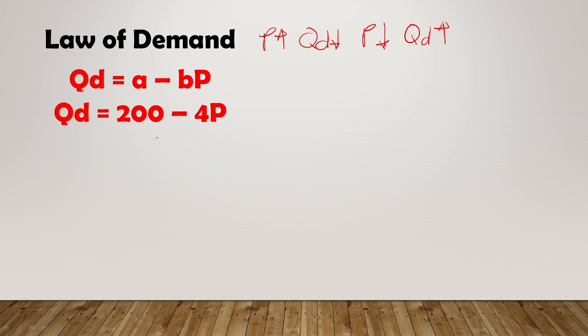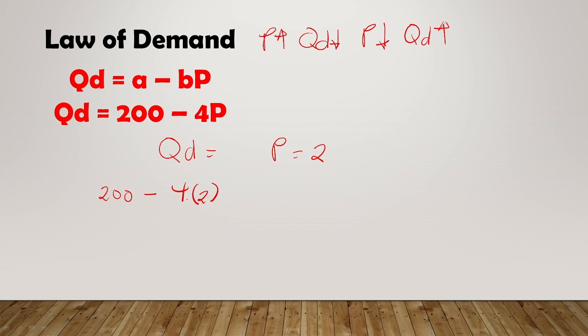Let's assume that QD is the unknown. We are looking for the value of QD. Now, our price is, say for example, 2. How much will be our QD? What we will do is just substitute 2 for P. So we put 200 minus 4 times 2.